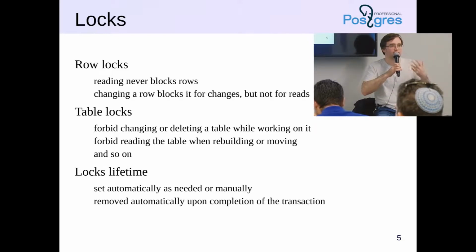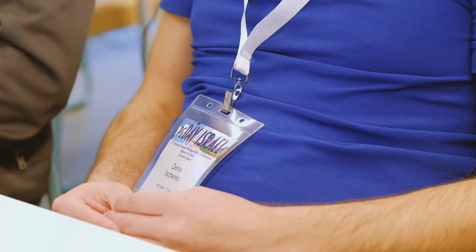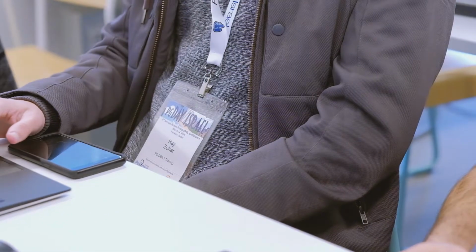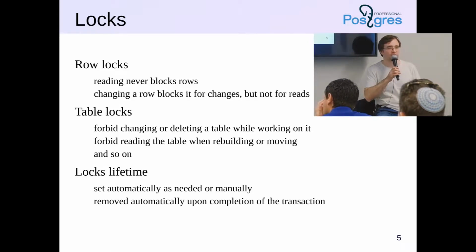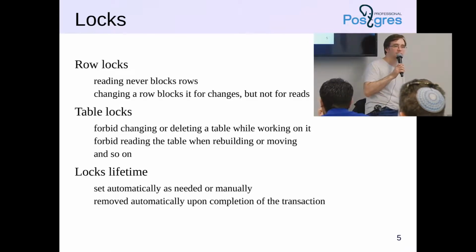I must change the actual data. Otherwise, we get what are called lost updates, lost changes. You change something and I override them and you lose your changes. And it's not what you expect from transactions. So the only situation when locking is used is when we update the same row at the same time.